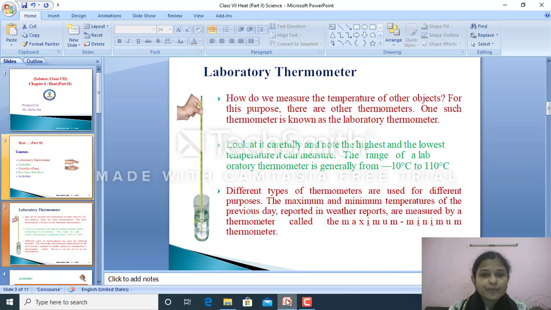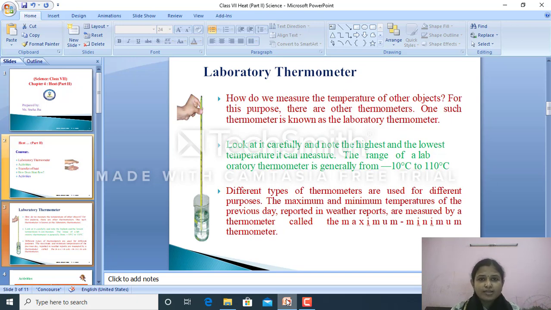Okay, so before starting in detail about this laboratory thermometer, first of all we should have a quick recap of what we have done in the first part of the video. In the first part, if you remember, we studied about the clinical thermometer. Again I am telling you what was its use. It is used to check the temperature of a human body, and its range is 35 degrees Celsius to 42 degrees Celsius.